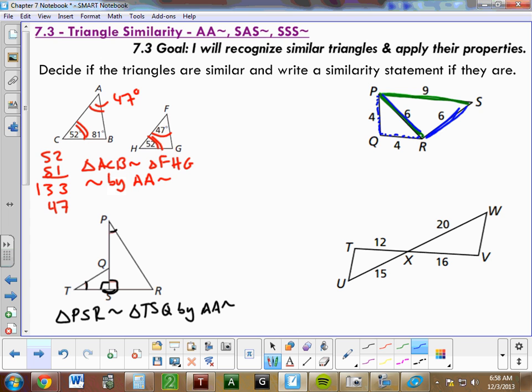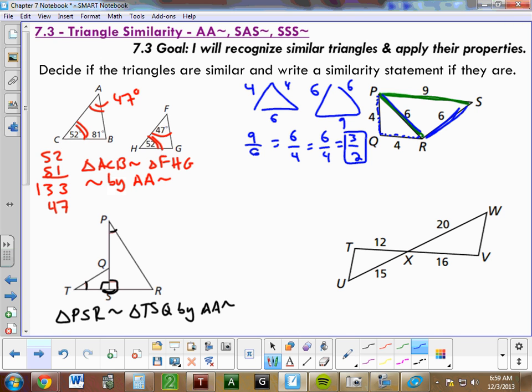It's a little hard to see, but if you drew them separately, you'd have one that was 4, 4, and 6, and you'd have another one that was 6, 6, and 9. If you compare those, 9 over 6, should that be equal to 6 over 4, which should be equal to 6 over 4? Those all equal 3 over 2. So I can say that, yes, those are proportional by side, side, side. So I would say triangle PQR is similar to triangle SRP by side, side, side similarity.